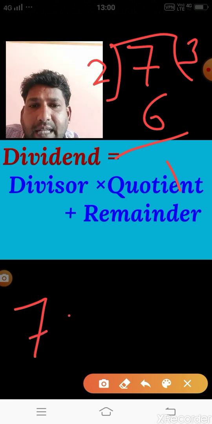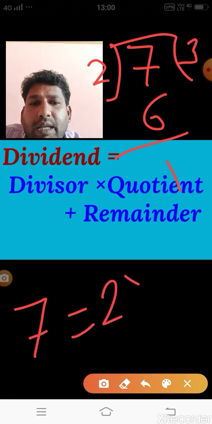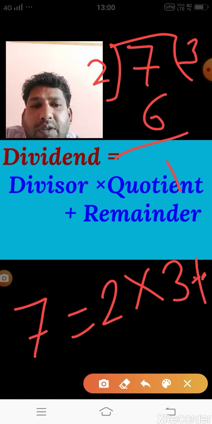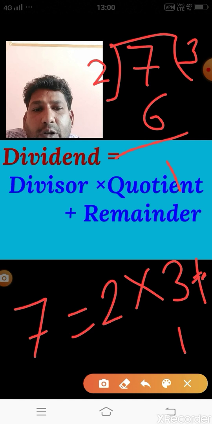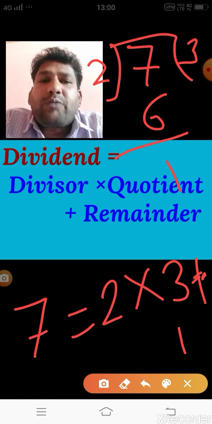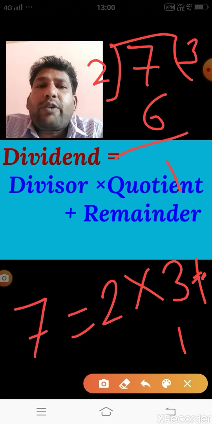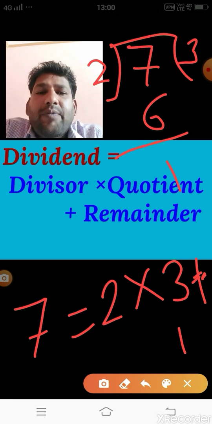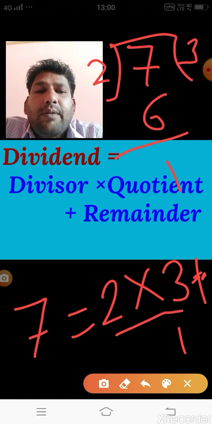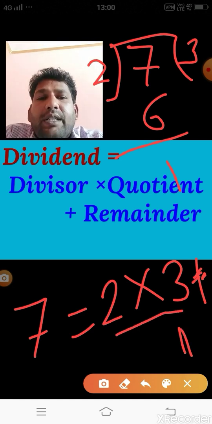Then 7 is written as 2 into 3 plus 1. This is similar to the Euclid division lemma we have done in the first presentation. There also I took the same example. If we have to divide 7 by 2, how will you write 7? 7 is written as 2 into 3 plus 1, 2 into 3 is 6 plus 1.